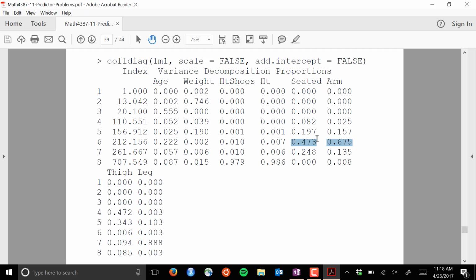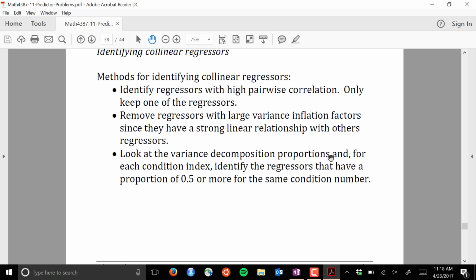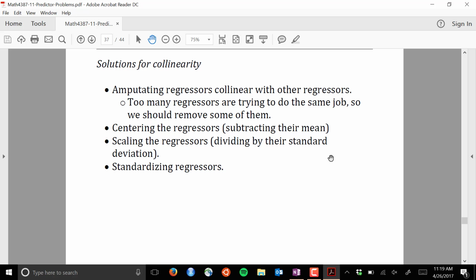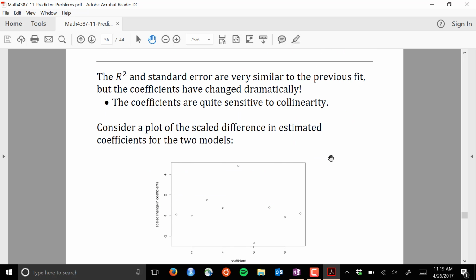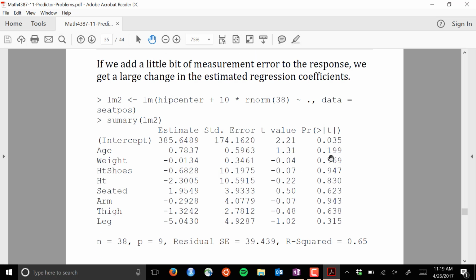This isn't quite 0.5, which is what I mentioned in the notes, but it's pretty close to 0.5, and this one is more than 0.5. So it seems like there may be a problem with collinearity between the seated and arm regressors, and we may want to remove one of those regressors from our model before we do our analysis. Okay, so that's one way of identifying which regressors are causing problems with collinearity.